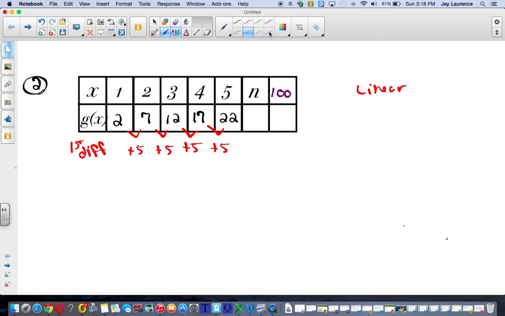So I take this constant difference of 5, and I'm going to multiply it by n. I'm wondering if g of x equals 5 times x. That's what I'm wondering. I think it might be that. I'm going to plug in 1, 2, 3, 4, and 5 into this.